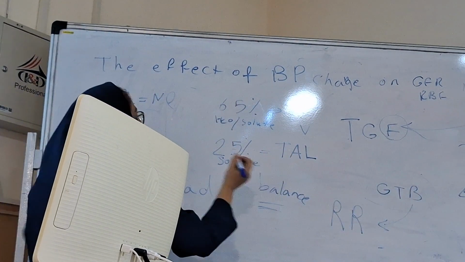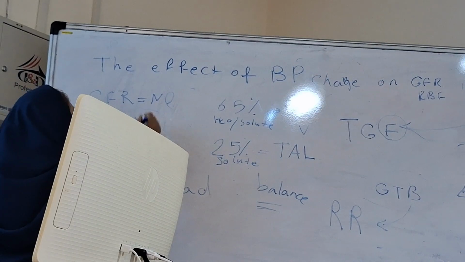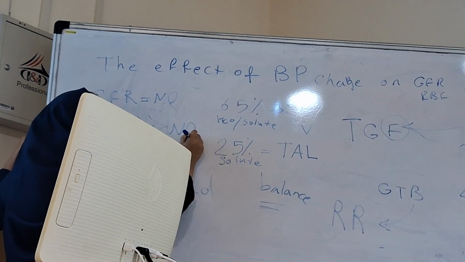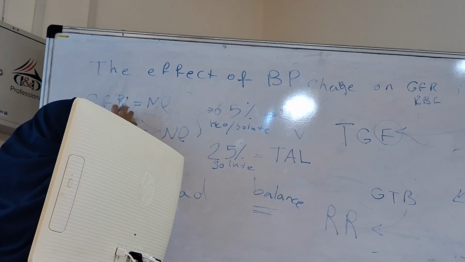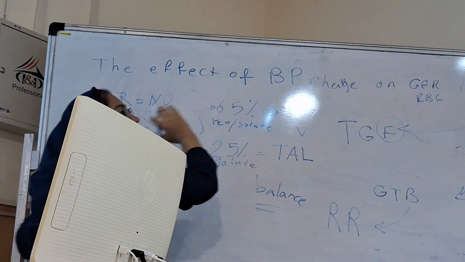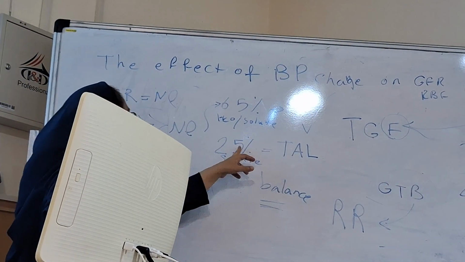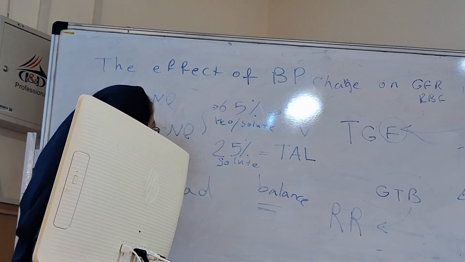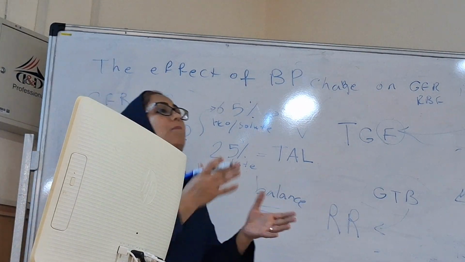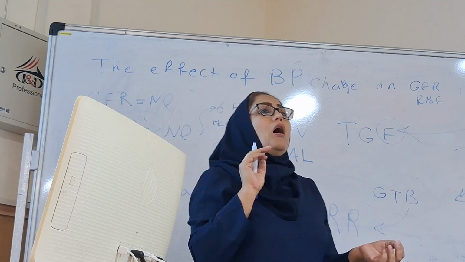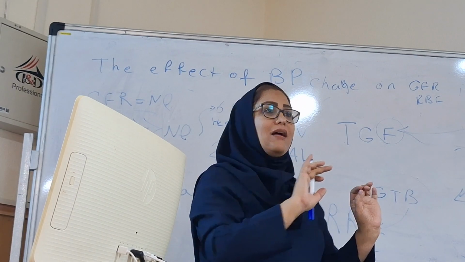GTB says that when GFR is more than normal, what happens? Again, 65% of the GFR is reabsorbed in the proximal tubule, and 25% in the thick ascending limb. The percentage remains constant.